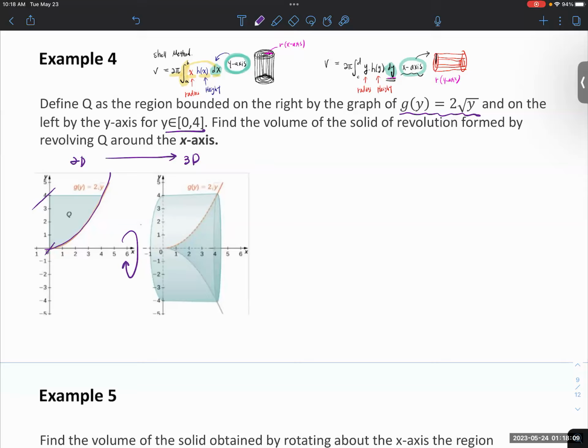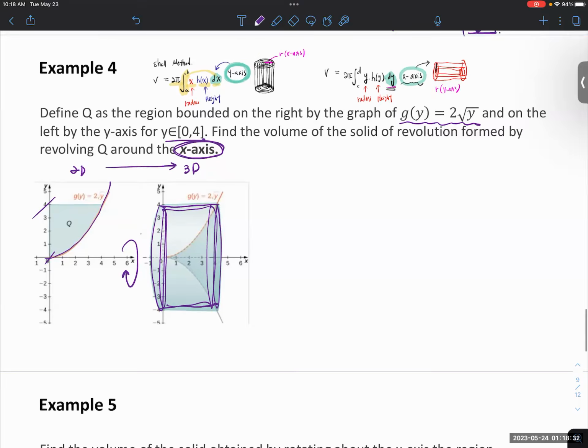What happens when you rotate this function about the x-axis this time? Your cylinders are going to be horizontal. So you have one here, the next one is here. So you're going to find many cylinders horizontally.